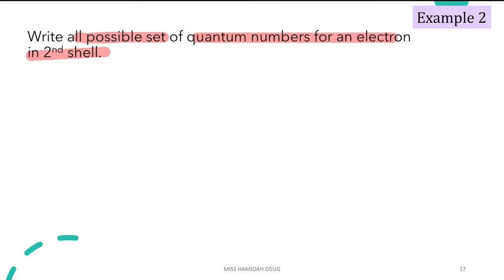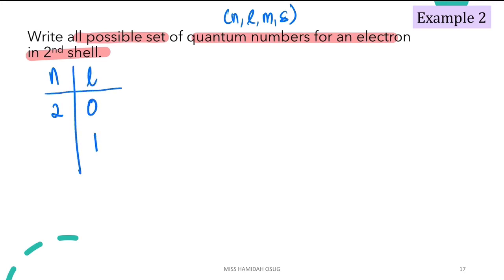For example 2, you are asked to write all possible sets of quantum numbers for an electron in the second shell. Meaning to say you are asked to list out the NLMS for all the electrons in the second shell. To answer this question, it is much better if we use the table. When n is equal to 2, L is equal to 0 and 1.